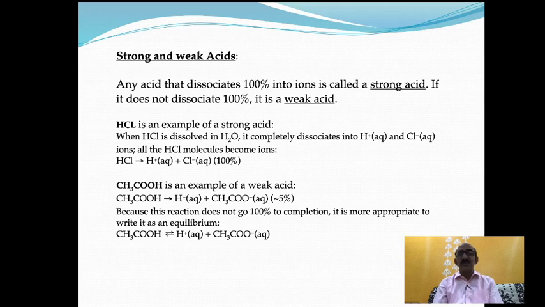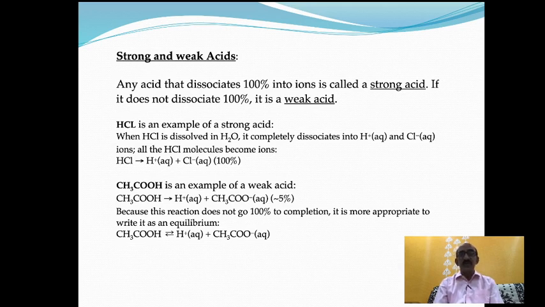Those acids which dissociate completely when added to water are called strong acids. If it does not dissociate completely, it is called a weak acid. For example, HCl is an example of a strong acid. When HCl is dissolved in water, it completely dissociates into H plus ion and Cl minus ion.